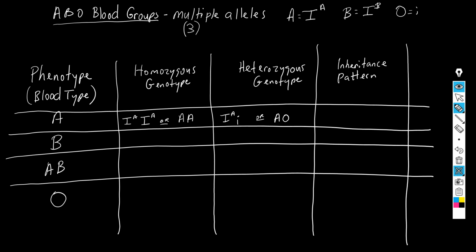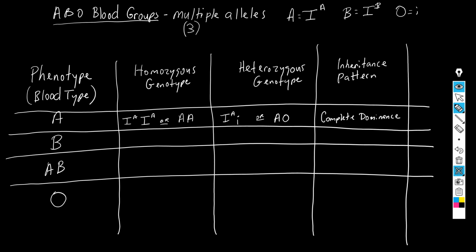The type of inheritance pattern that this is, is complete dominance. We're very familiar with this, and what that means is if you have an A allele and an O allele together, you get type A blood. A is completely dominant to O.